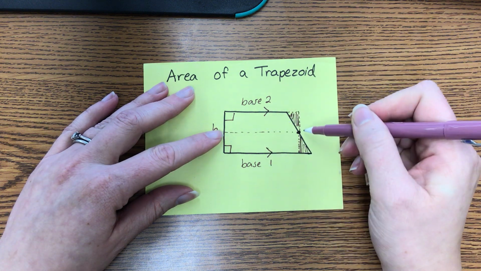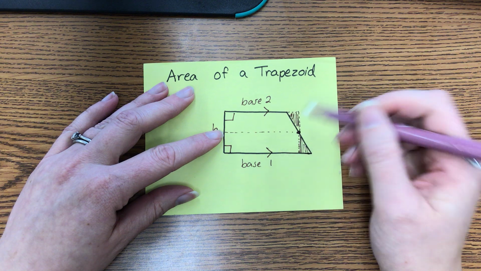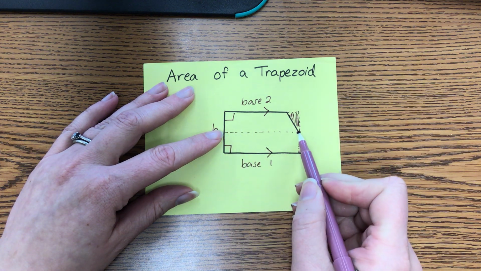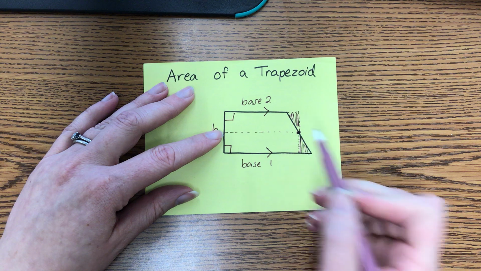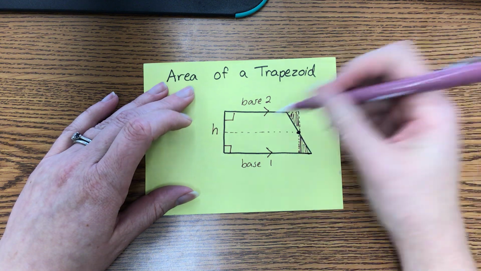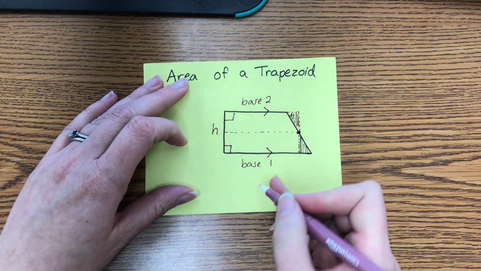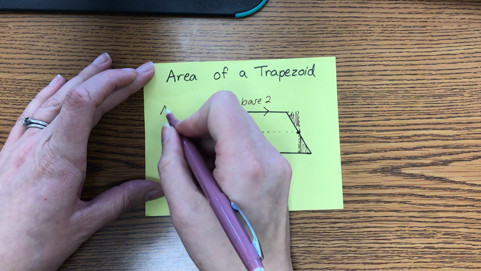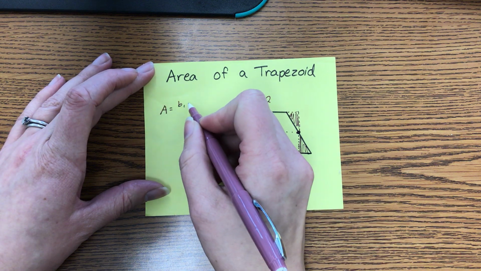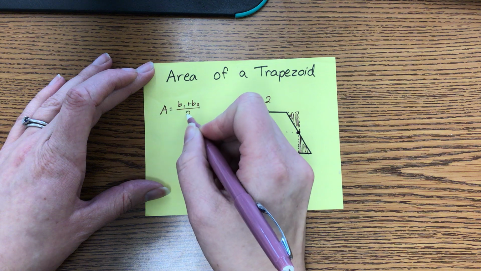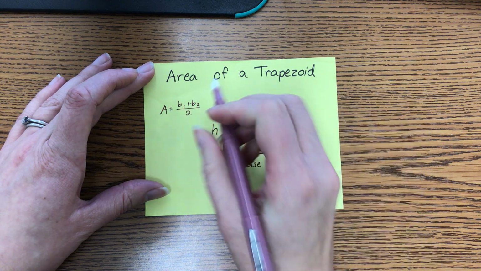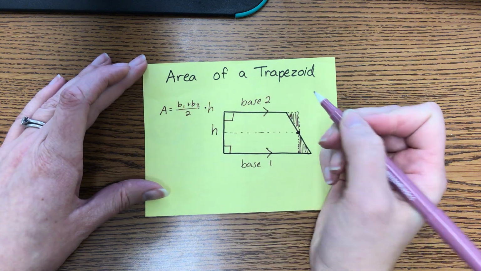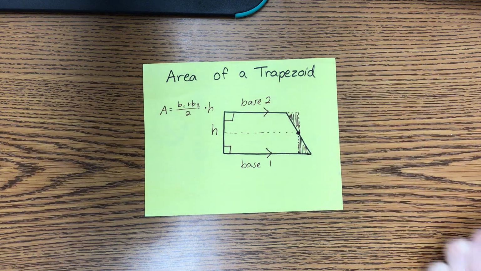So the average between those two base lengths would be the length of basically that midpoint. And then you just multiply that times the height. So here's how you find area of a trapezoid. A equals base 1 plus base 2 divided by 2. That's the average base length times the height of that trapezoid, which is this.